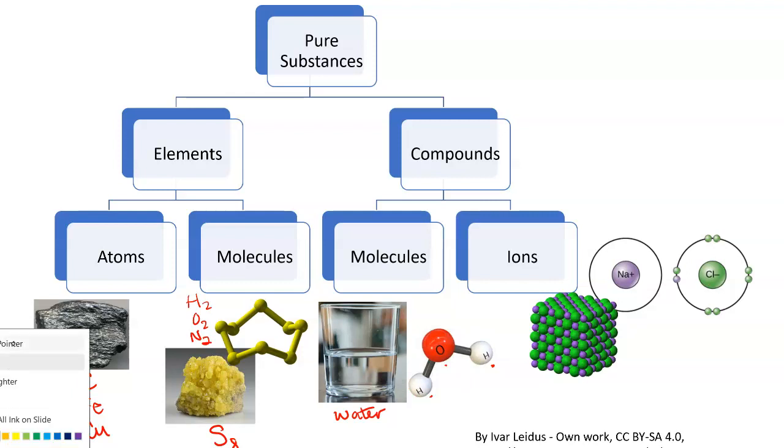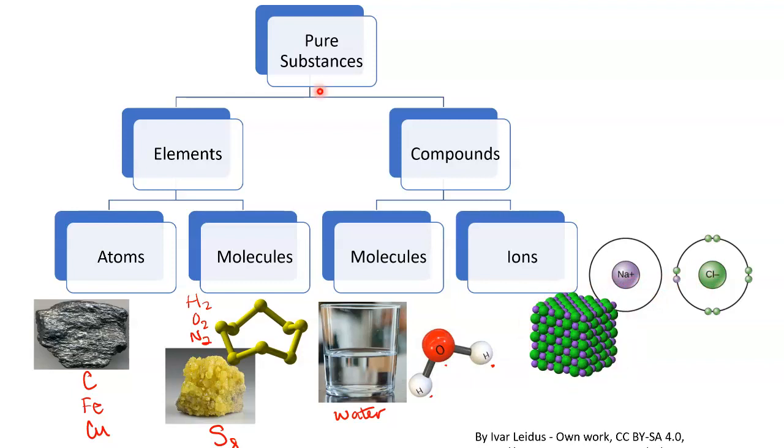And you can kind of see how they're arranged in this lattice, this shape here. And we had a sodium donate an electron to the chlorine. So now we have a sodium ion, a chloride ion, and they are held together by the opposite charge. And so they're just attracted to each other and held together in this shape.